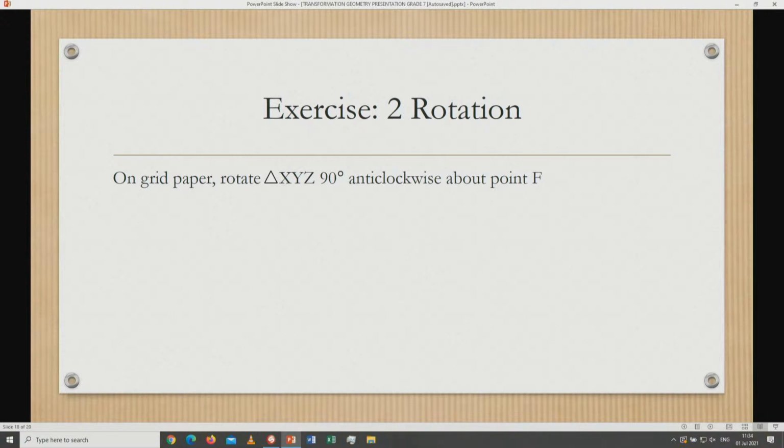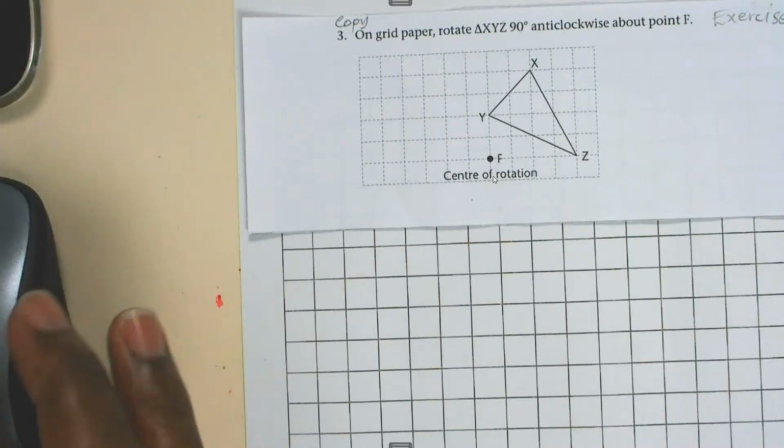The next exercise says, on a grid paper, rotate triangle XYZ 90 degrees anti-clockwise. 90 degrees again, anti-clockwise about point F. So point F will be our point of rotation. Anti-clockwise. Right, let us look at it.